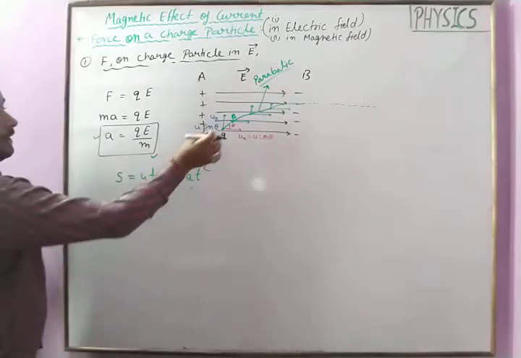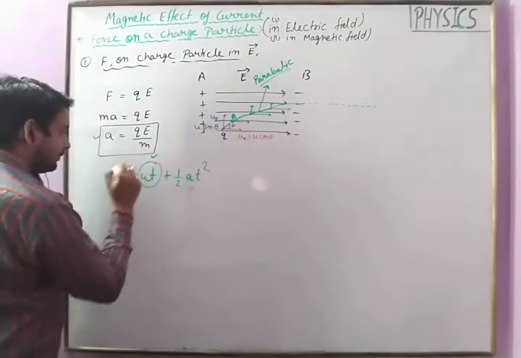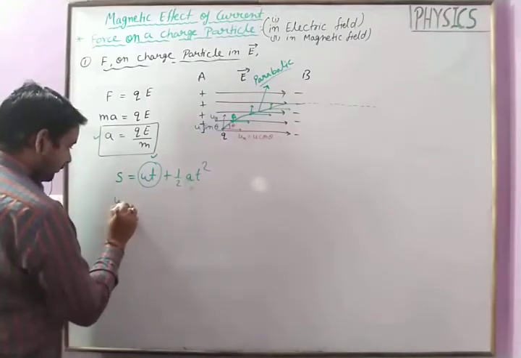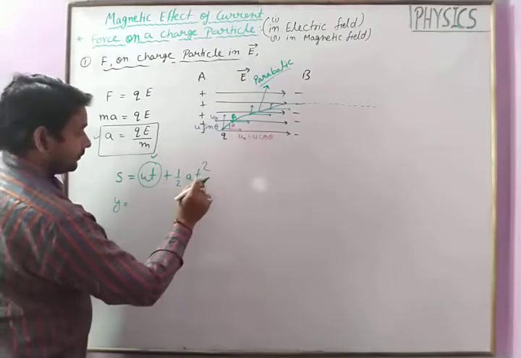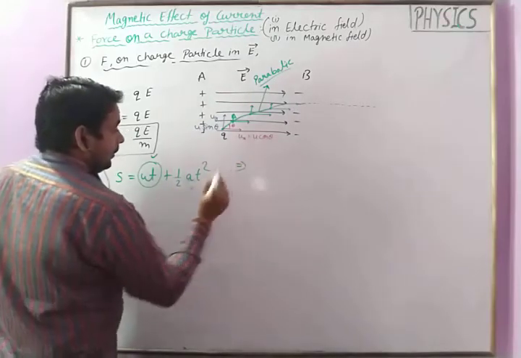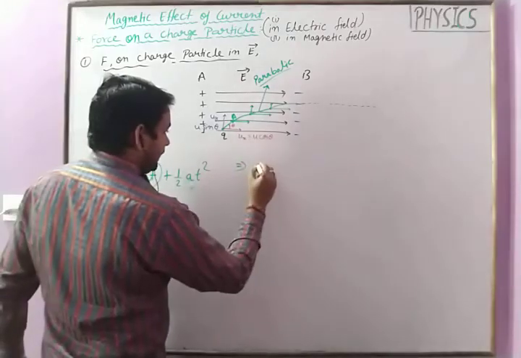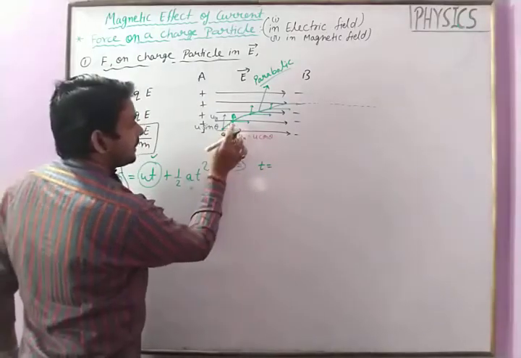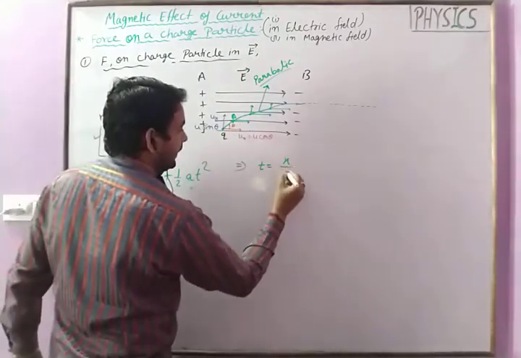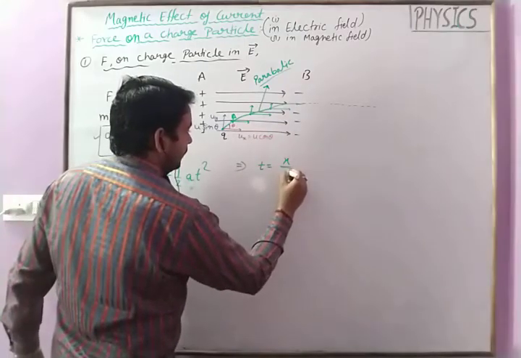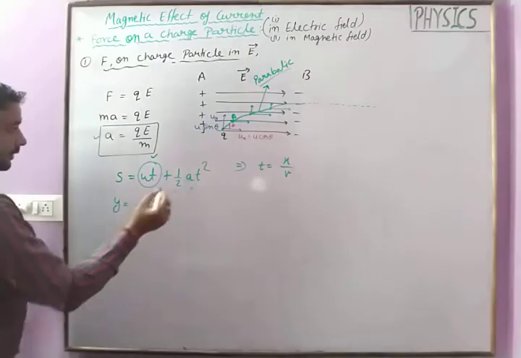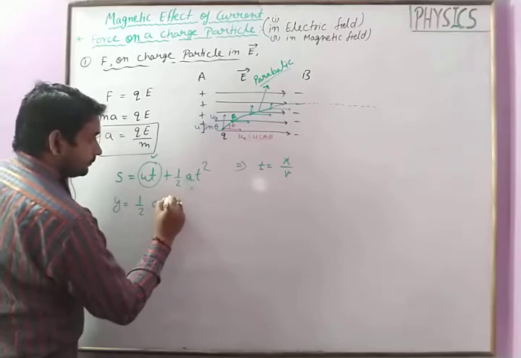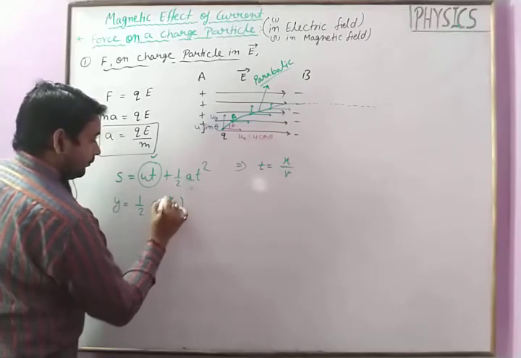If the initial velocity is zero, when the particle is at rest, this will become 0, and the distance is given by y, therefore the time taken is equal to distance covered, that is this x, upon velocity of the particle v. Okay, therefore it is observed that y equals half a, x upon v whole square.